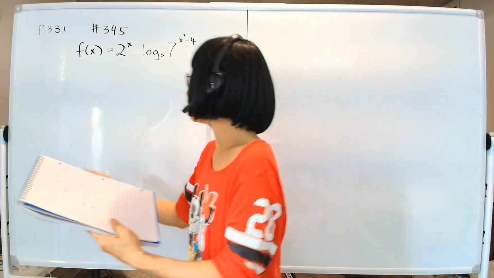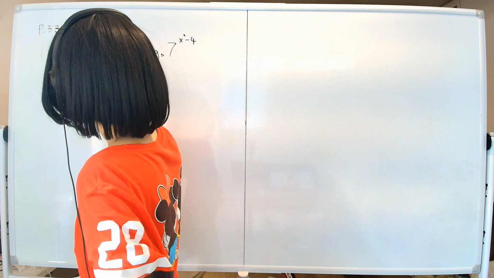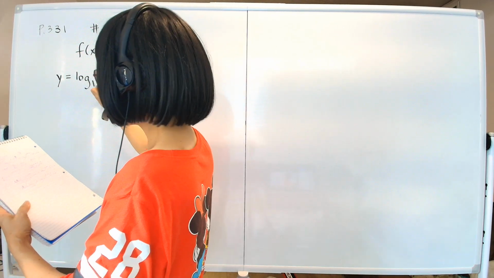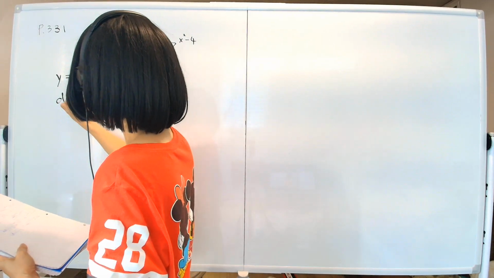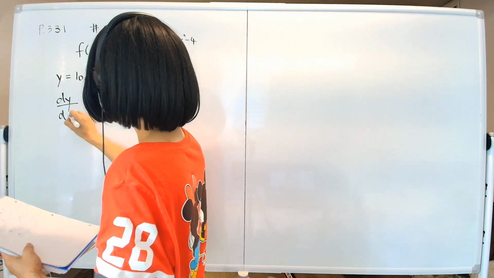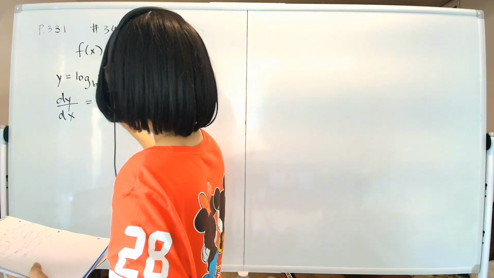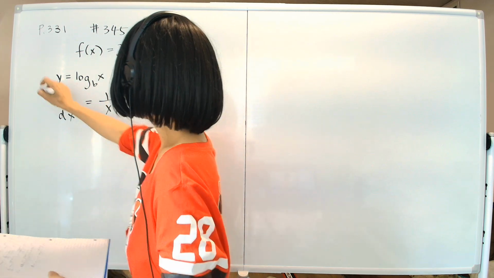The principle here is that if a function y is equal to log base b of x, then the derivative dy by dx, this is one of our theorems, is equal to 1 over x times the natural log of b. That's the first formula.